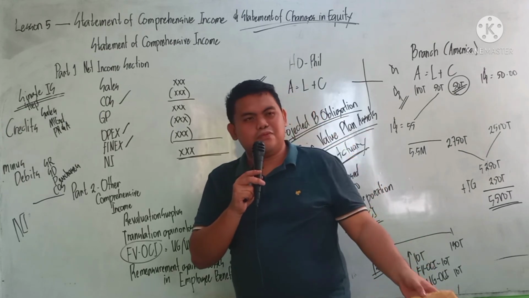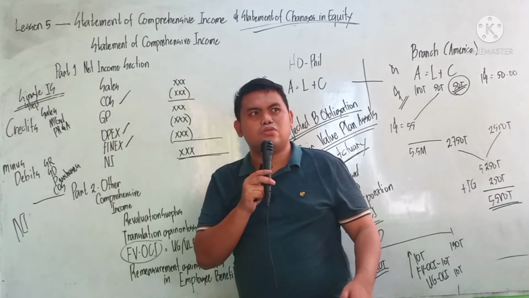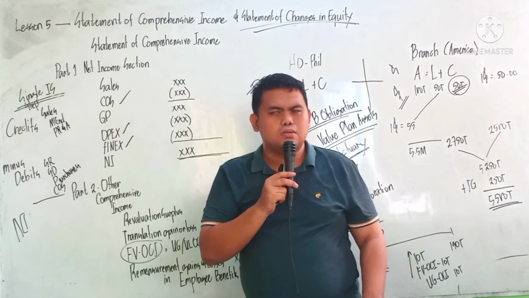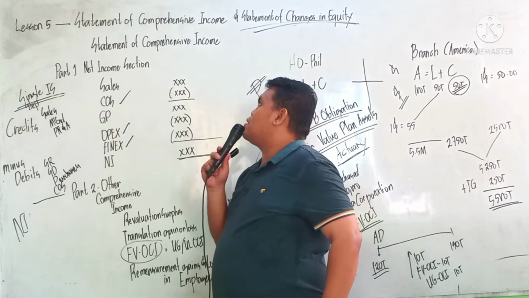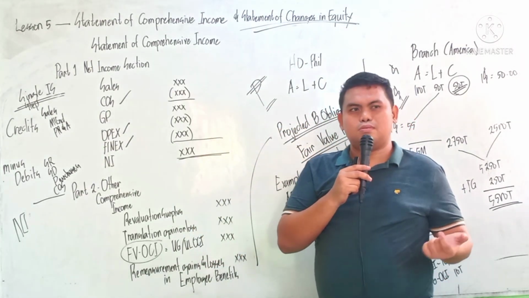So that's it for lesson number 5. We're already through with the statement of financial position and statement of comprehensive income. We're done. Okay?